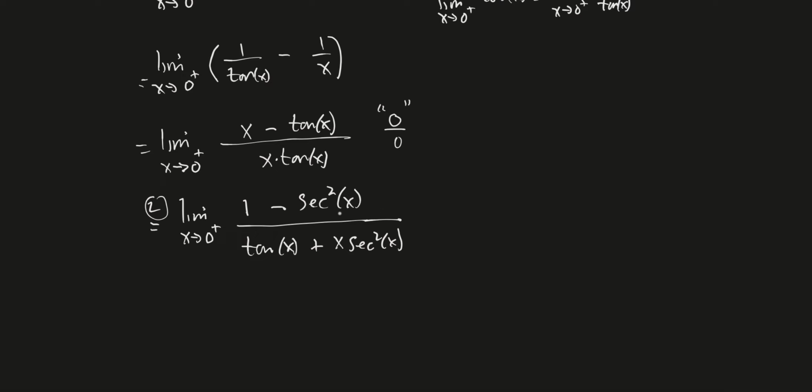Well, as x approaches 0, secant squared approaches 1, right? The secant of 0 is 1, and 1 squared is 1. So we still have 0 in the numerator, and then tangent approaches 0, and then we have 0 times 1, so the denominator approaches 0, and we have another 0 over 0 form.